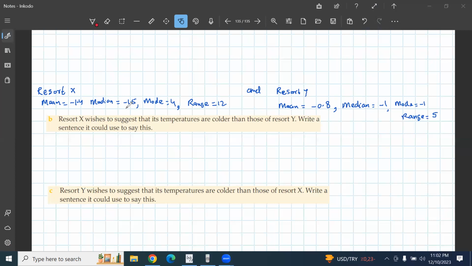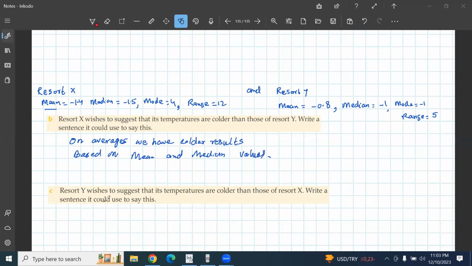The median is also a smaller value compared to resort Y. So we can say that on average, we have colder results based on mean and median values.